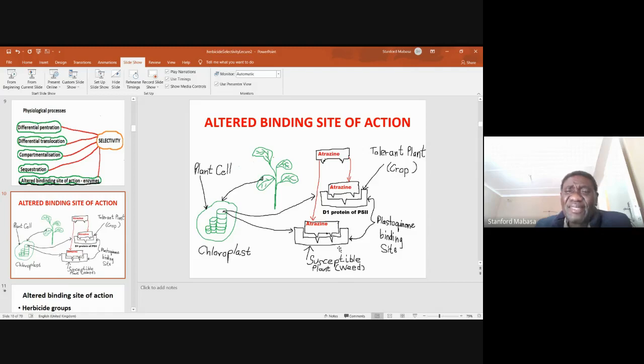And that process will result in the killing of that plant. So where there's incompatibility with the enzyme, the plant may survive. So this is the general understanding of how the enzymes come into play in explaining why the herbicide may or may not kill the plant, what we call selectivity.